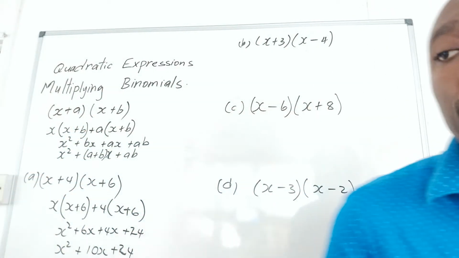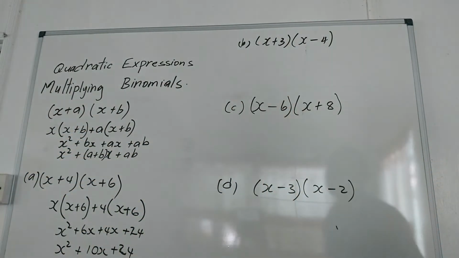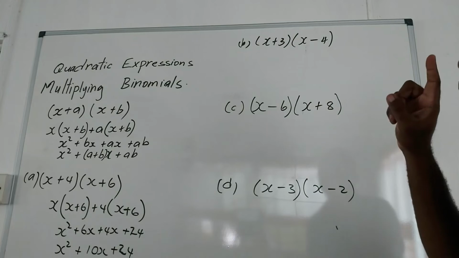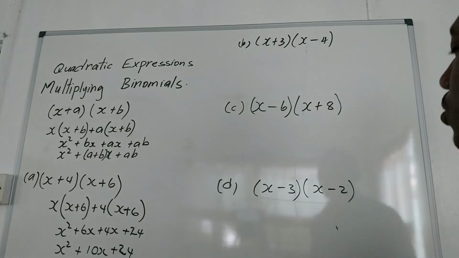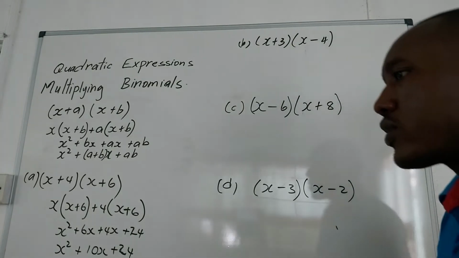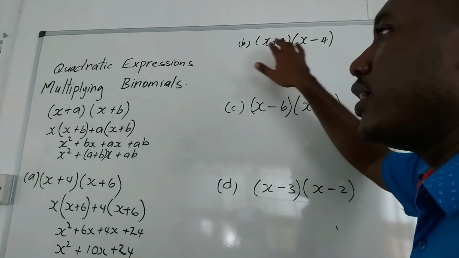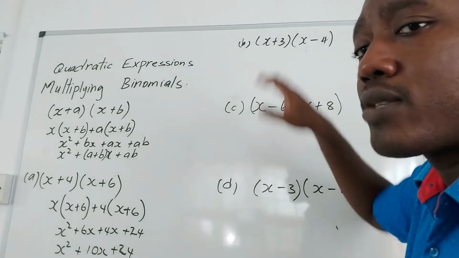Now, let's go on to another example. Here we have x plus 3 times x minus 4. And again, we follow our steps. We multiply our second bracket by each term in our first bracket.